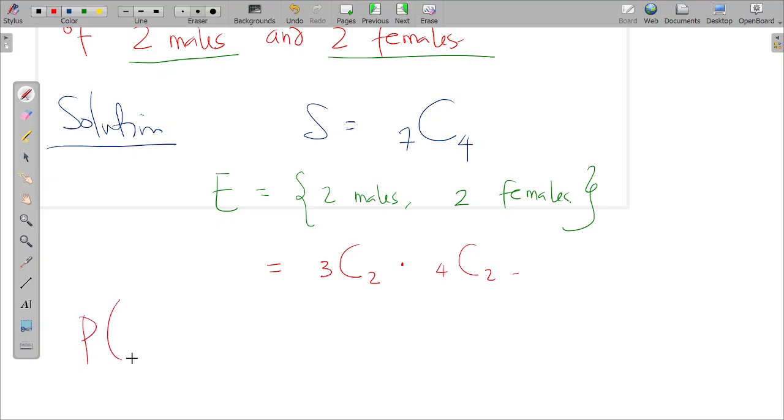So the probability of E is 3 combination 2 multiplied by 4 combination 2, all over 7 combination 4.